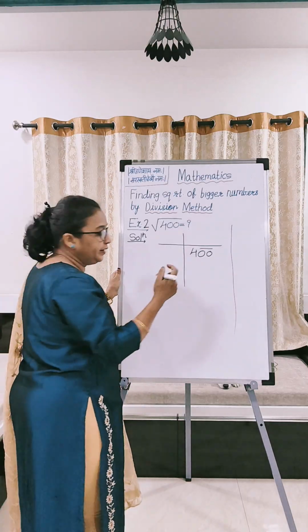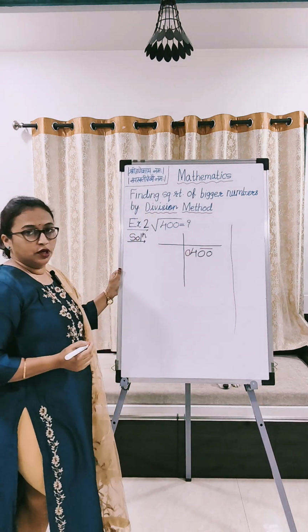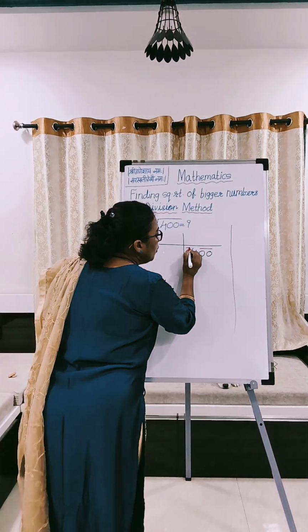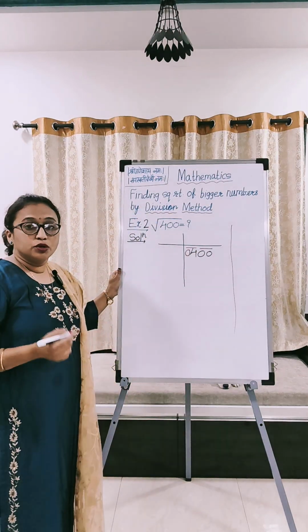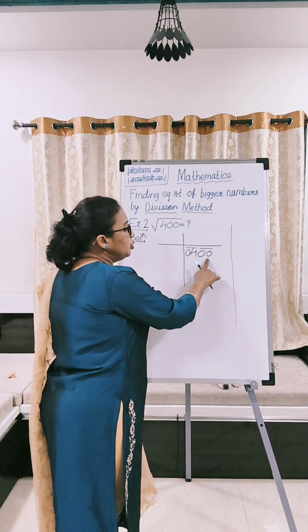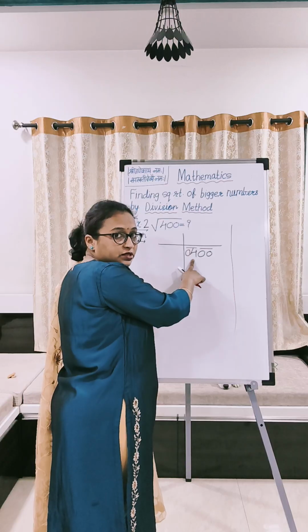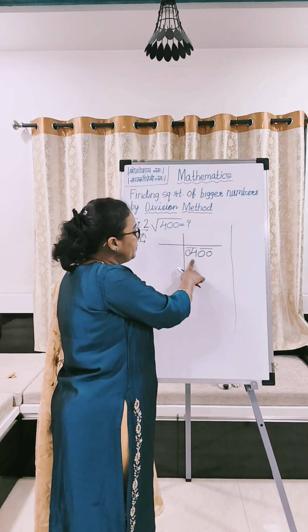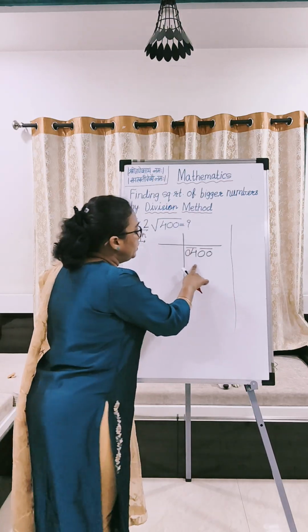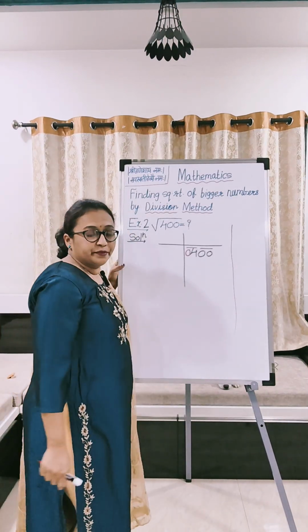Then we will write 0 before 4 to form the group of two digits. So there will be two groups, one group of zeros and one group of 04, that is the 4. Now as usual we are going to divide this number step by step.